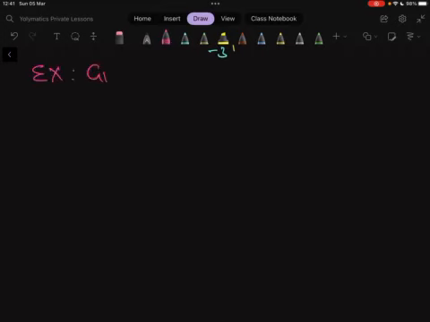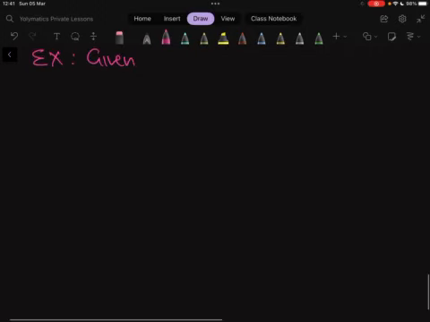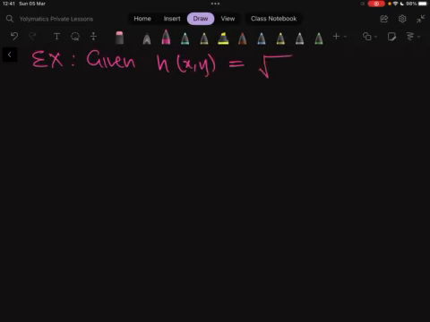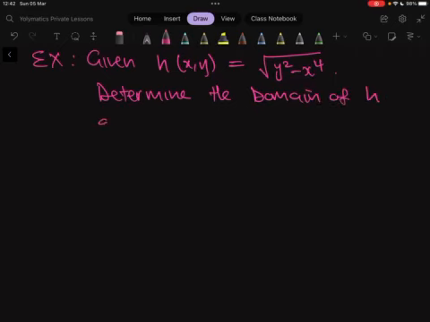Given the function h of x, y, which is defined to be the root of y squared minus x to the fourth, determine the domain of h and sketch it. So that's what we want now. We want to find the domain of this and sketch that domain.